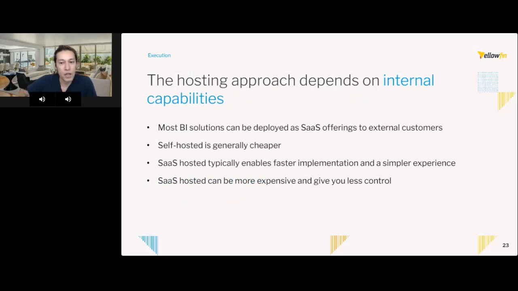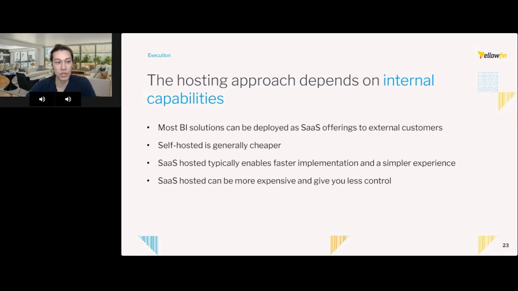So hosting, this approach depends a lot on your internal capabilities. Whether you go SaaS or self-hosted, it's up to what your organization is comfortable with, where your organization has capabilities. We have some customers that do not manage anything internally. Everything is a service, a managed service or SaaS. So for those use cases, it makes sense to pursue a SaaS offering.